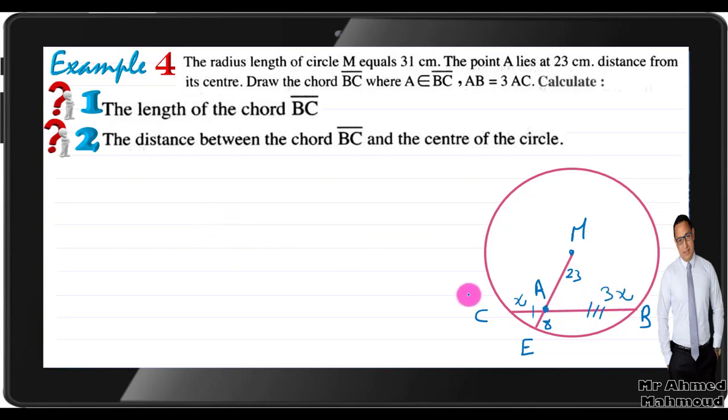Okay, now, by looking at this one, AE times AM equals AC times AB.